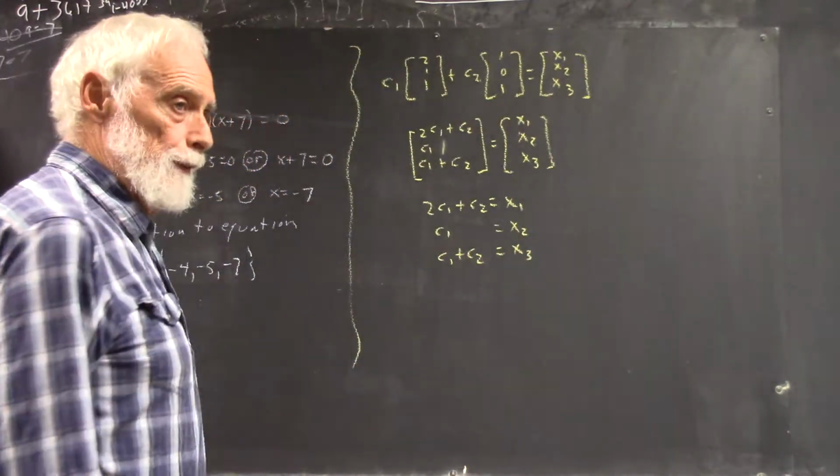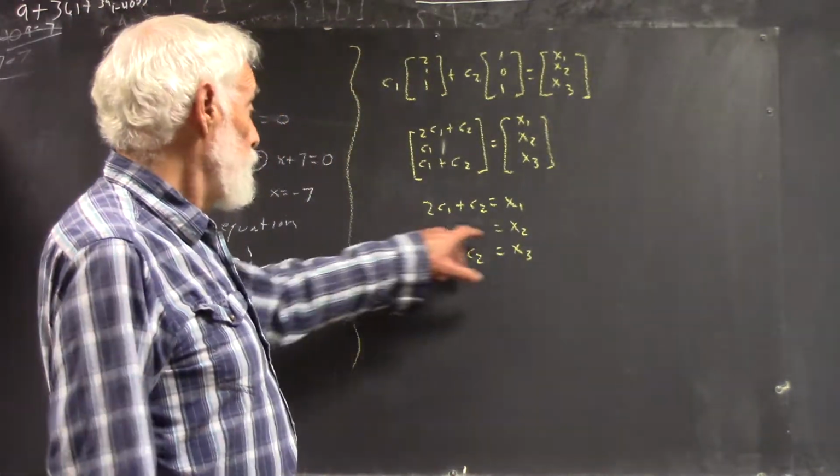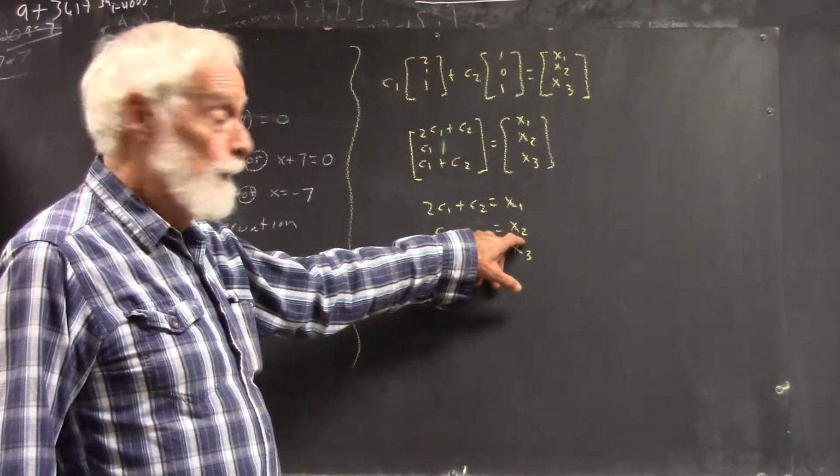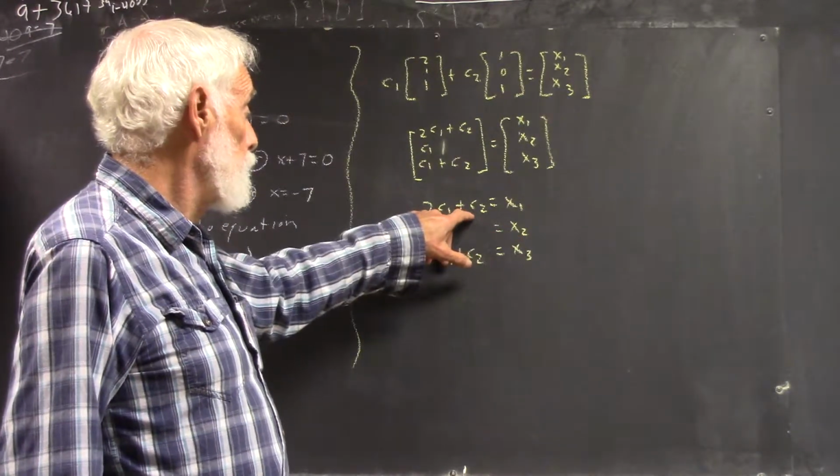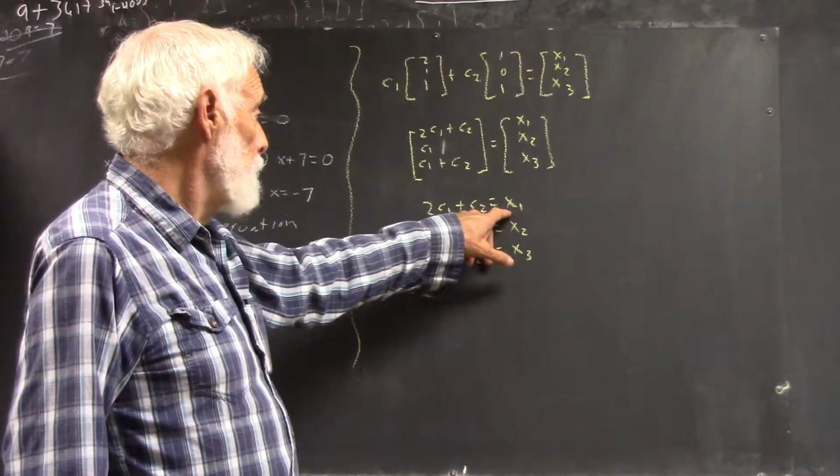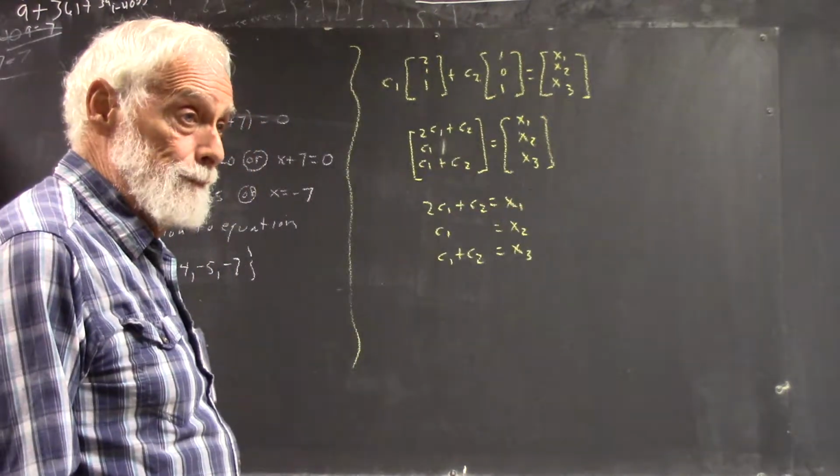Now you can solve that system pretty easily. C1 would be X2, right? So that C2 would be X1 minus 4X2, okay?